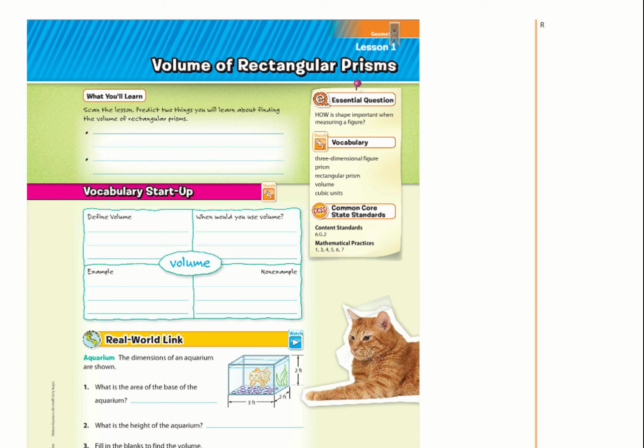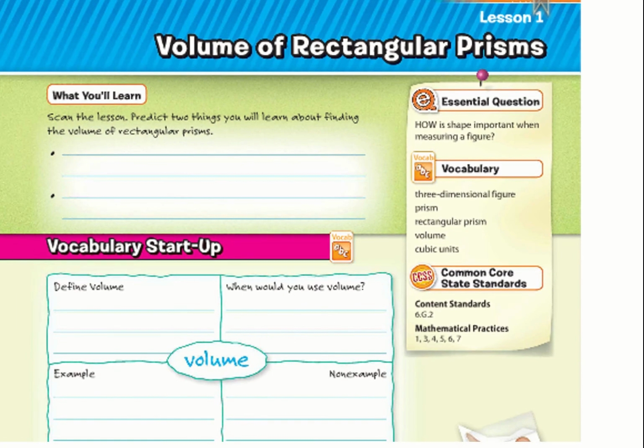We're going to do the volume of rectangular prisms. So we're going to scan the lesson. Two things we'll find out. We will learn how to find the volume of a rectangular prism.